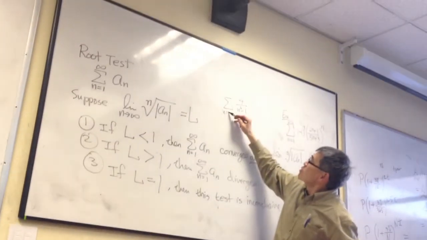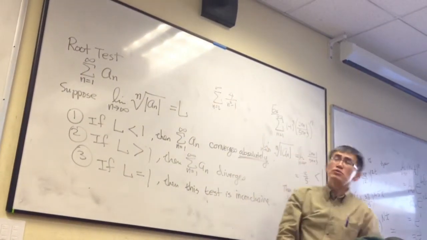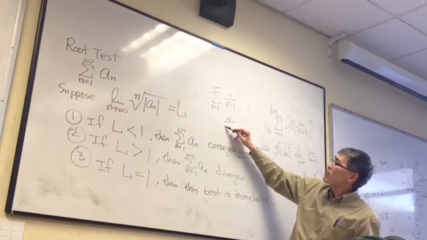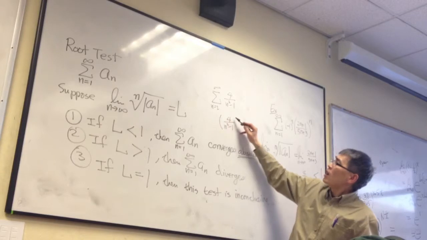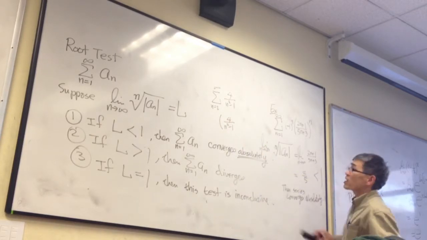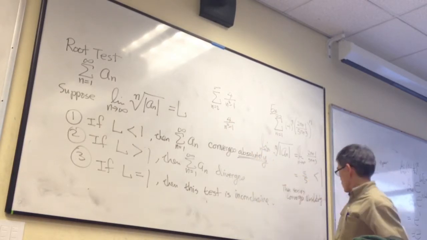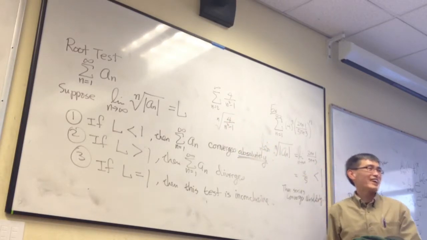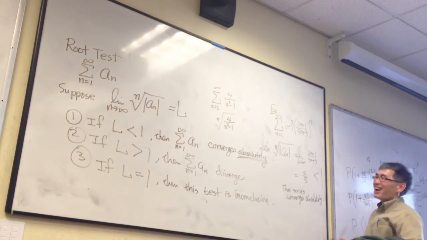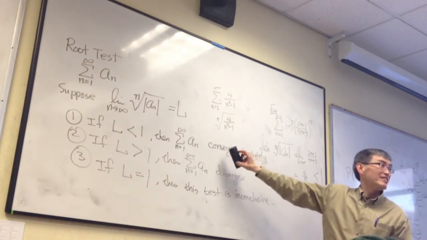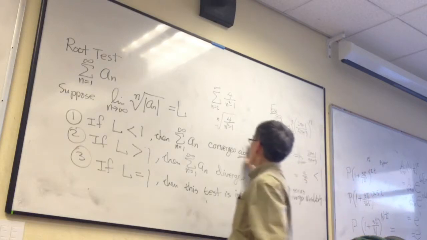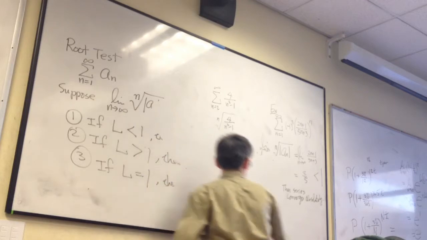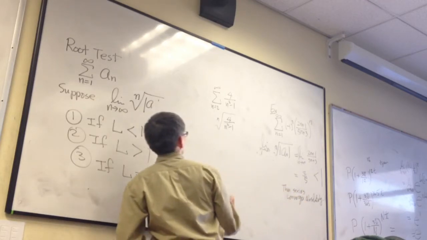If you were to use the root test, you would have to take the nth root of 4 over n squared minus 1 and see how it goes. And that itself is not an easy task. Can I erase this statement of the test? So you would do this, and it takes a little bit of maneuvering to make it work.